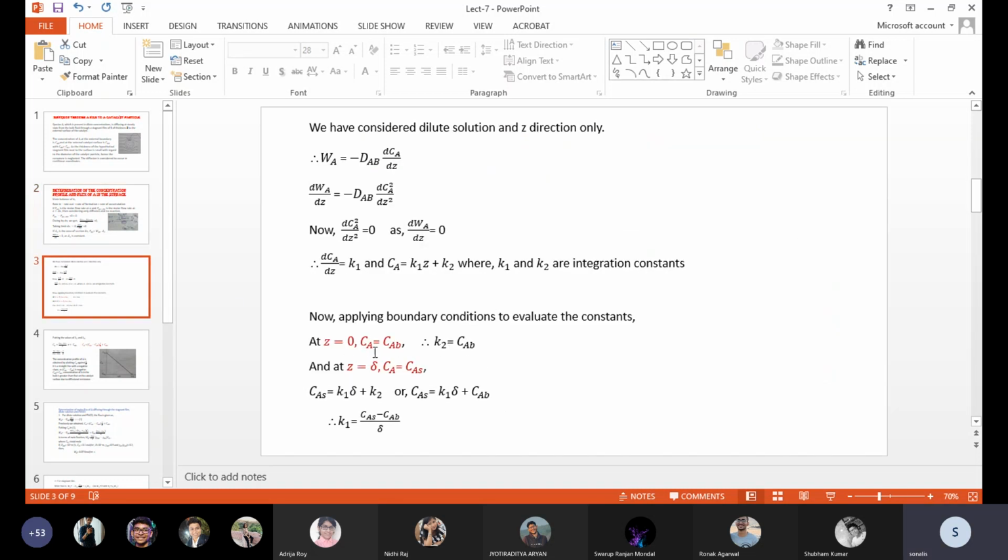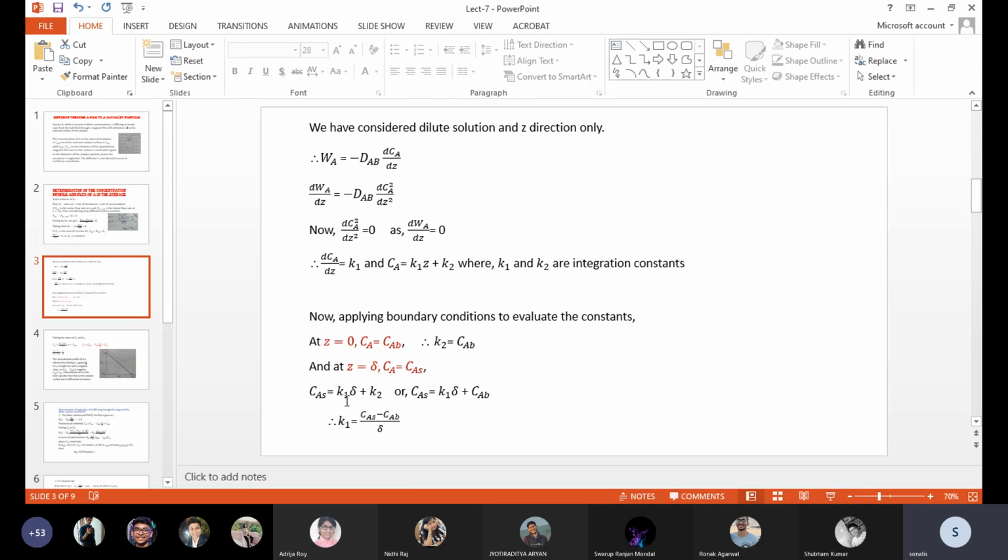If z is equal to 0, CA is equal to CAb. Now if you write it here, if you put z is equal to 0, then this quantity becomes 0, and k2 is equal to CAb. And at z is equal to delta, CA is equal to CAs.